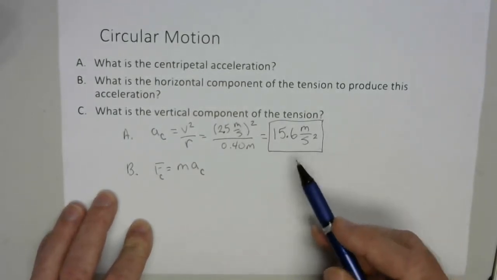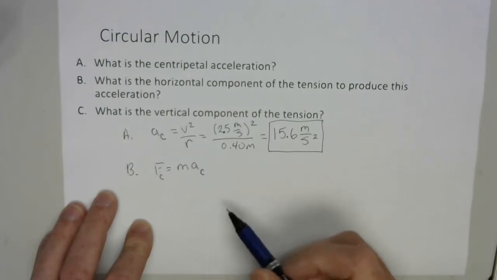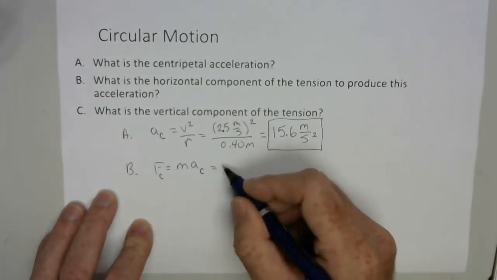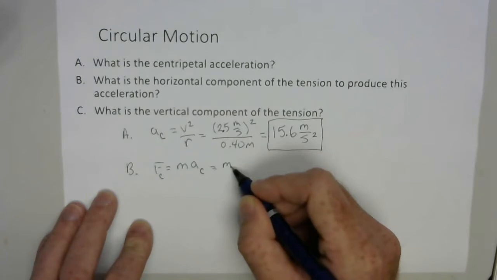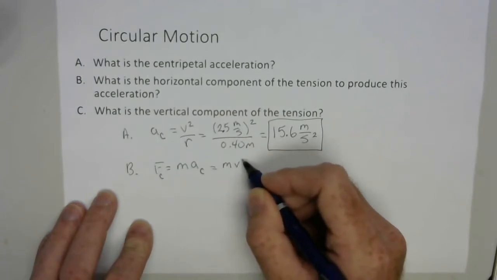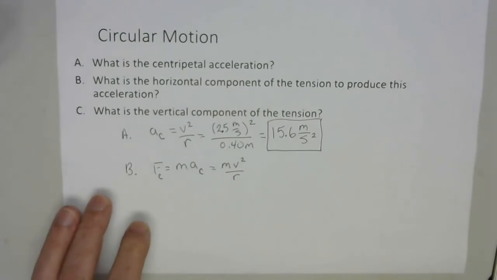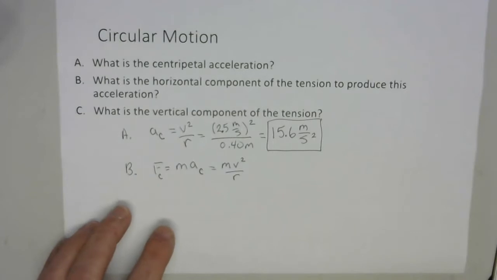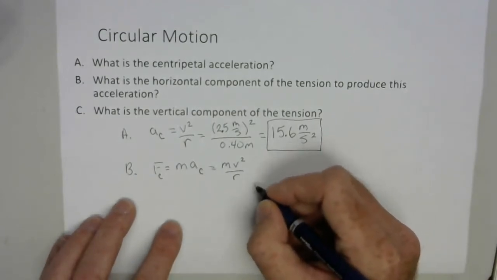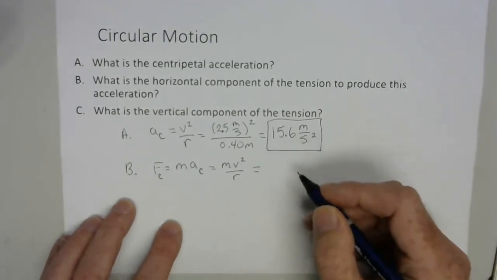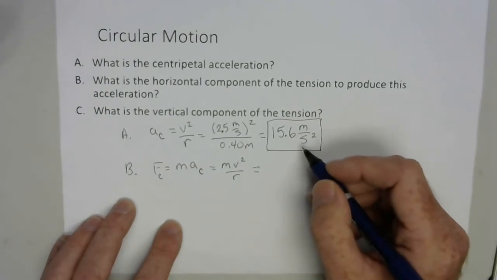Since we just calculated that, we could just plug it in, or if you didn't have it, you could say F equals m v squared over r. Either way. Since we just calculated it, I'm just going to plug in the mass and the acceleration we already calculated.